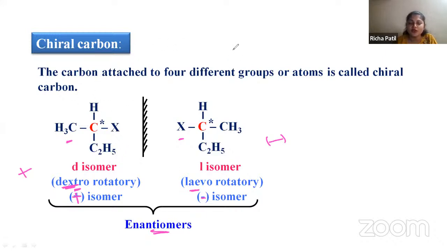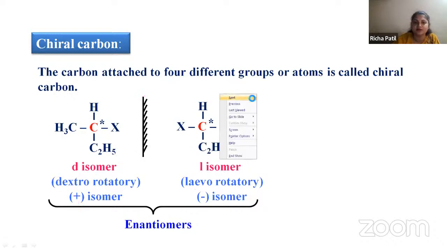For the molecule to show optical isomerism, first it should be chiral. When you place a mirror, this molecule will not coincide on this, so it is a non-superimposable mirror image, and it is said to be an enantiomer.